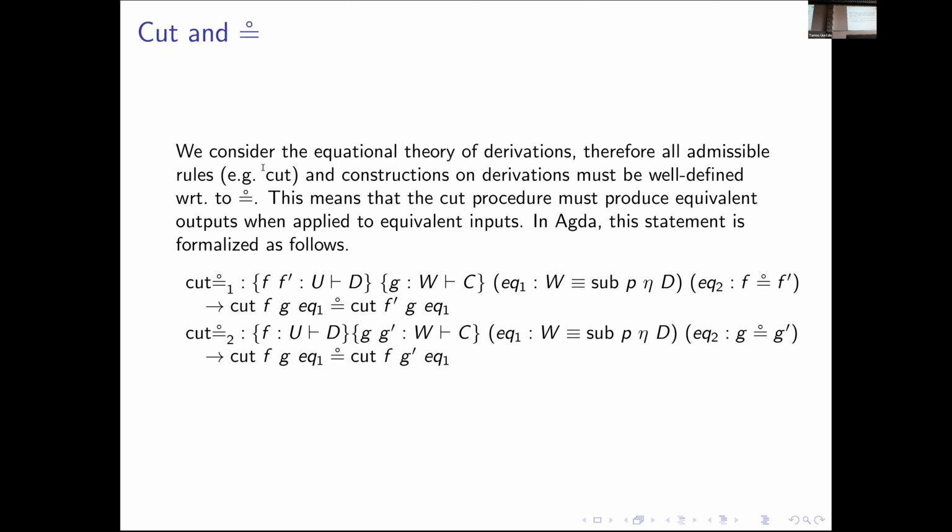The first one is when you have two equivalent derivations f and f prime, and if you cut them with the same derivation g, the resulting derivations should be equivalent. And cut 2 is when you have two equivalent derivations, and if you cut the same thing to them respectively, the resulting derivations should also be equivalent.